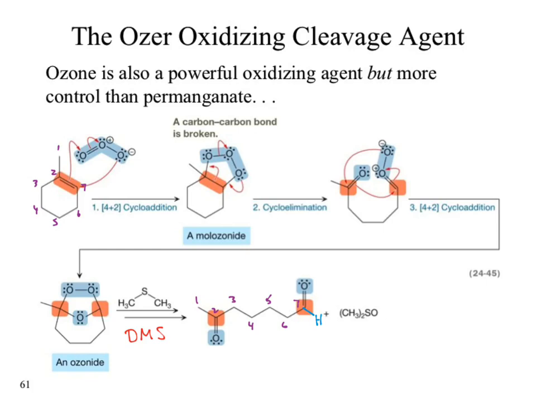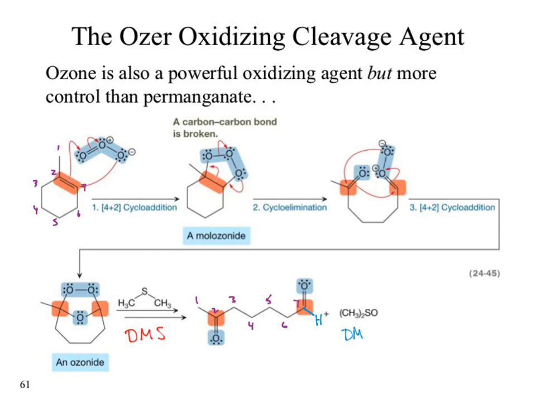What happened in this case? Ozone didn't go there. Why not? Okay. This has 3 oxygens in the malozonide. I only have 2 in the product. What happened to the 3rd oxygen? Okay. As a secondary product with what? This is dimethyl sulfide.